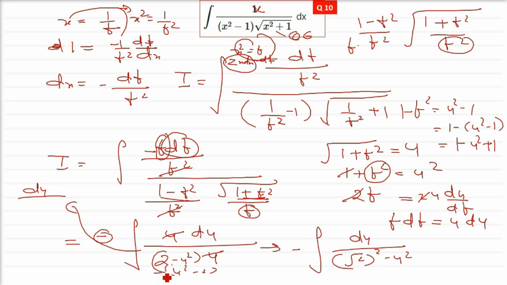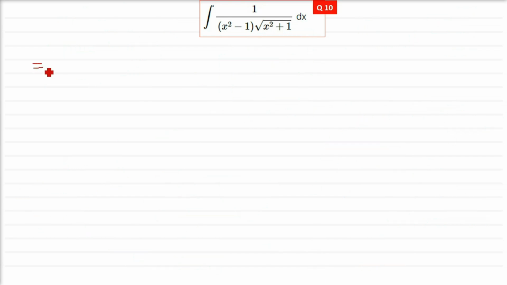So you could have written it as u square minus under root 2 whole square. So this is up to you, if you want to go along with du by under root 2 whole square minus u square, or u square minus under root 2 whole square with a negative sign fixed or removed. But we'll use the normal way. We'll keep the negative outside. So du divided by under root 2 whole square minus u square we are going to employ.